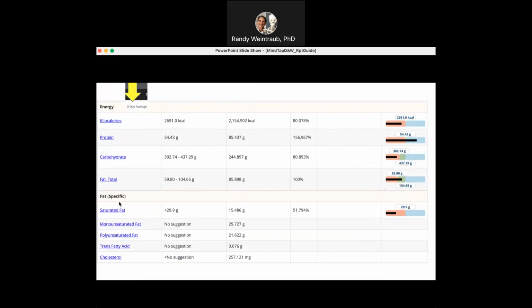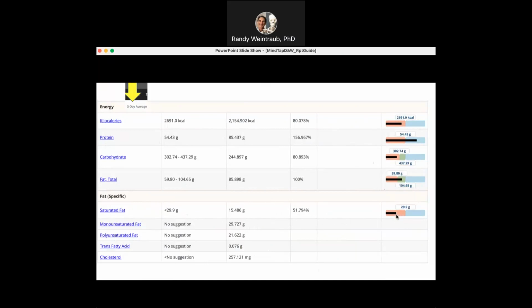Here's more specifically fat: saturated fat, mono, poly, trans fat, cholesterol. Not all of these items have a DRI, but for the ones that do, you can see that. So for saturated fat, I was below, which is good.